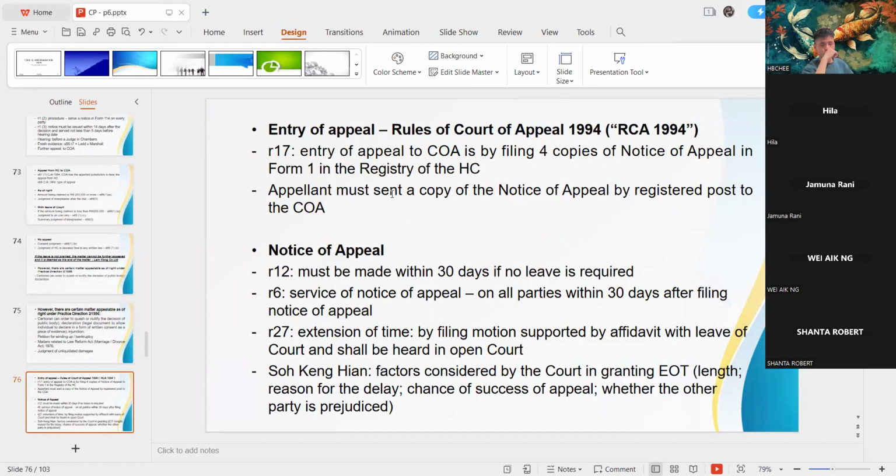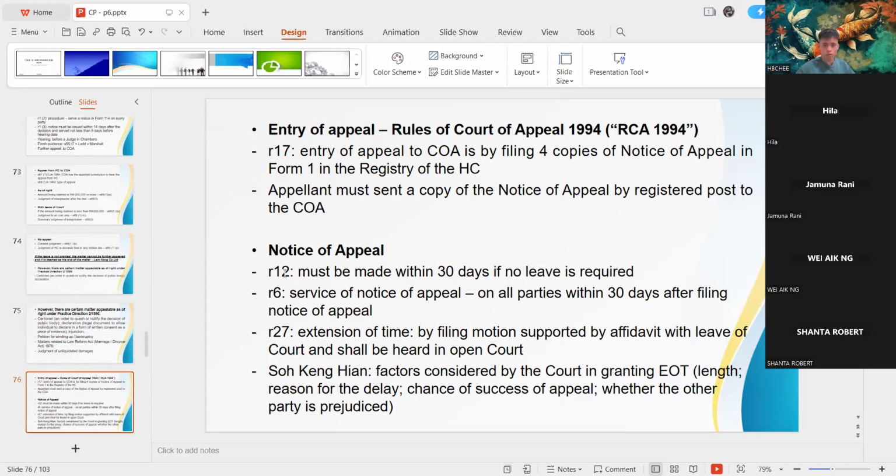When you're dealing with the appeal, you are using different rules. Since this is the Court of Appeal, it is governed under the Rules of Court of Appeal, RCA 1994. Under Rule 17, the entry of appeal is by filing 4 copies of notice of appeal in the registry of the High Court. And then the appellant must send a copy of the notice of appeal by registered post to the Court of Appeal.